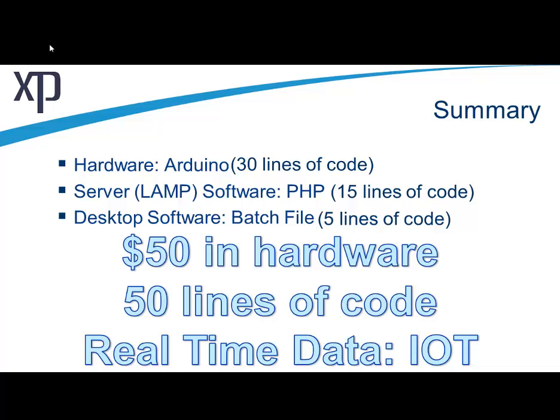Of course, if you're in harsher terrain or you have more complex options, there may be some additional costs or additional lines of code. But for the vast majority of us, $50 and 50 lines of code isn't too bad. But perhaps you're someone who may say even 50 lines of code may be difficult for me to handle.